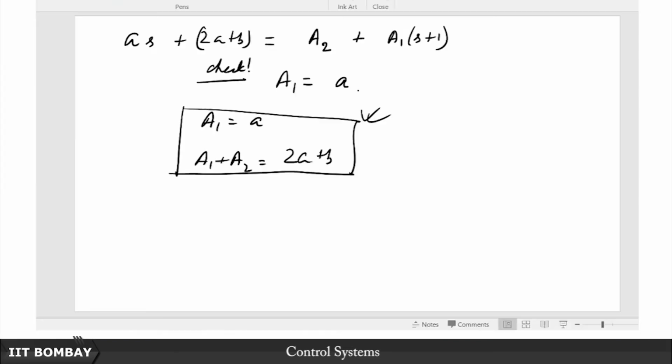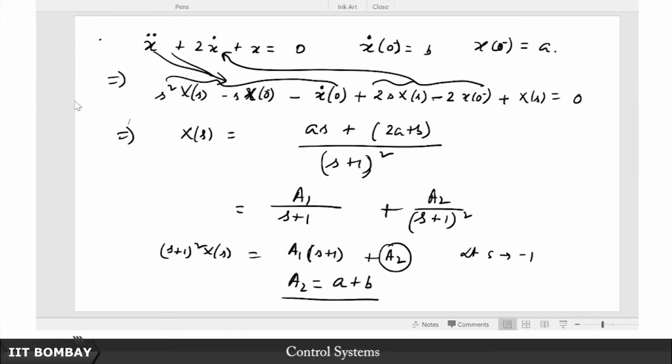If you recall, in the previous lecture we had taken a differential equation that looked somewhat like this: x double dot plus 2x dot plus x is equal to 0, with the initial condition of x dot being b and that of x being a.